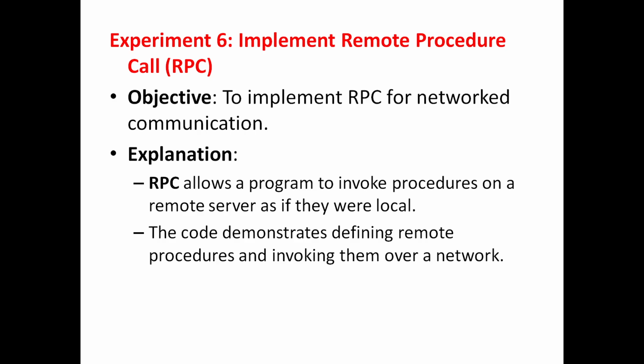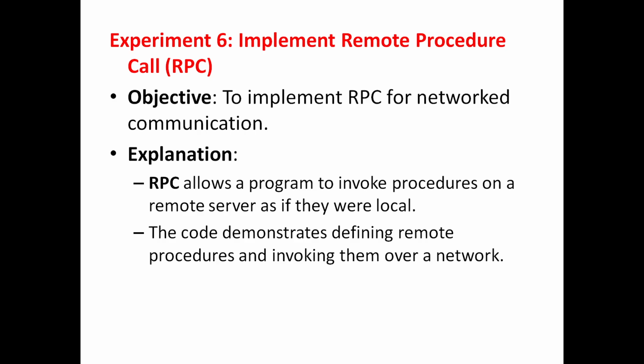How does RPC work? On the client side, a client makes a call, that is, it calls a procedure or a function. Then the call is intercepted by the stub. A stub is a piece of code that acts as a proxy for the remote server. The stub sends a procedure call request to the server over the network.